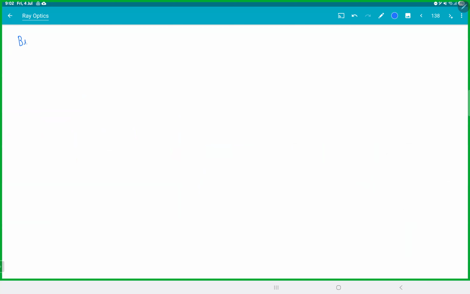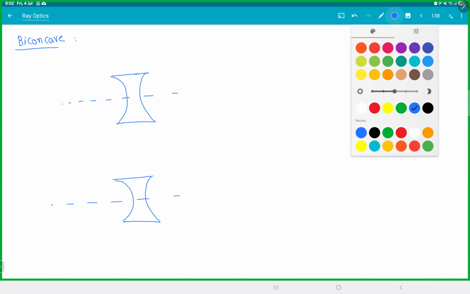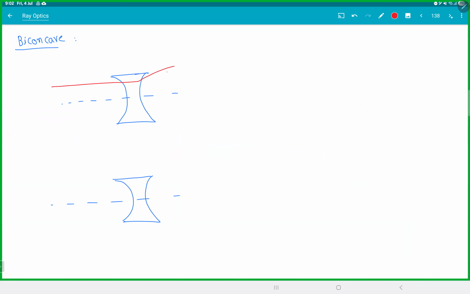Same thing if I do for biconcave. Luckily, for biconcave we have only two things. The image is always virtual, just like a convex mirror. If the object is at infinity, the image will form at the focus.